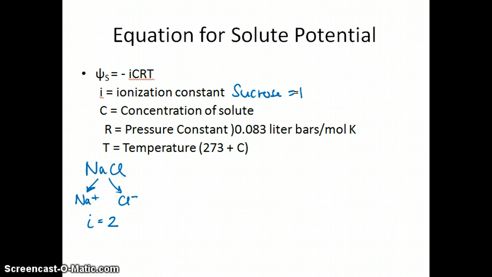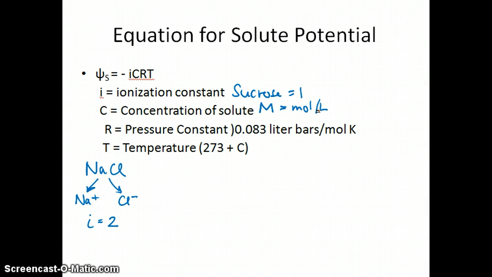C is the concentration of solute, and in this case, we represent this in molarity, and molarity is moles per liter. That's basically the concentration of your solute. R is the pressure constant. It will be given to you on our equation sheet, but it's 0.083 liter bars per mole Kelvin.